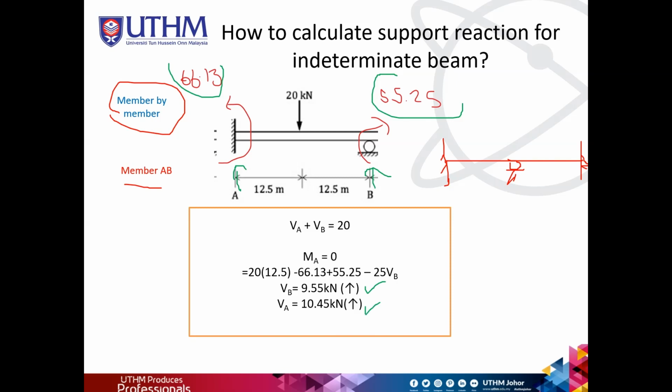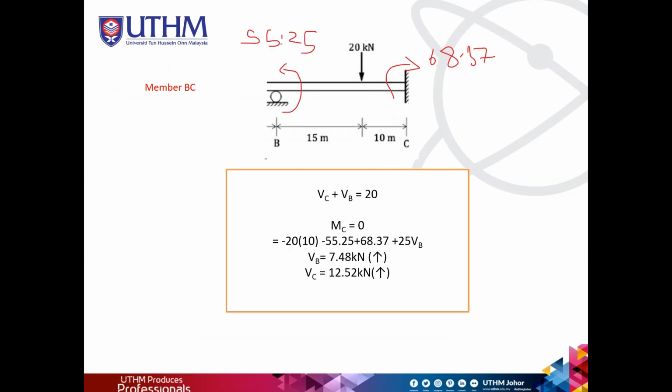Then consider another member, which is BC. This one you need to draw all the fixed end moments, which is compulsory because we want to find the support reaction. This time we can find the support reaction at B and C, using the moment equation.